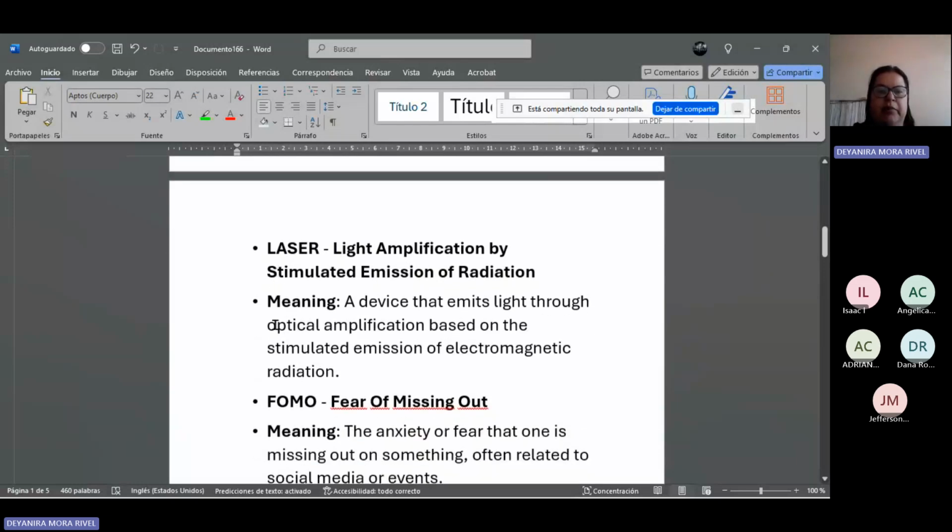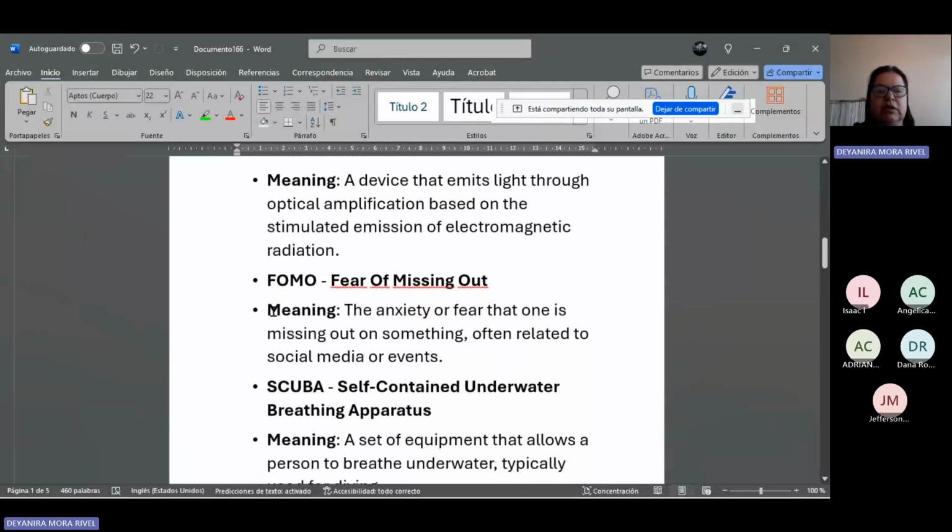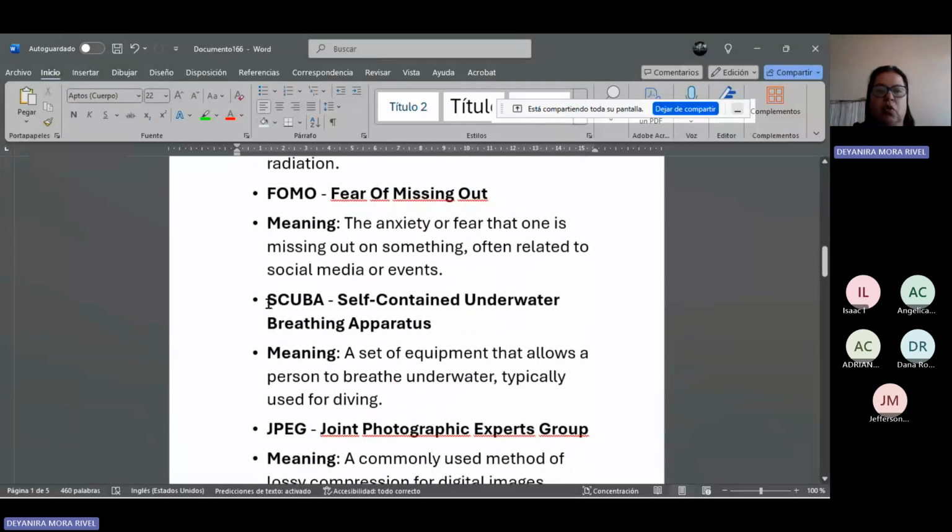Which is an acronym. We also see scuba. Las personas que hacen buceo en español, pero en inglés es scuba, and it means self-contained underwater breathing apparatus.